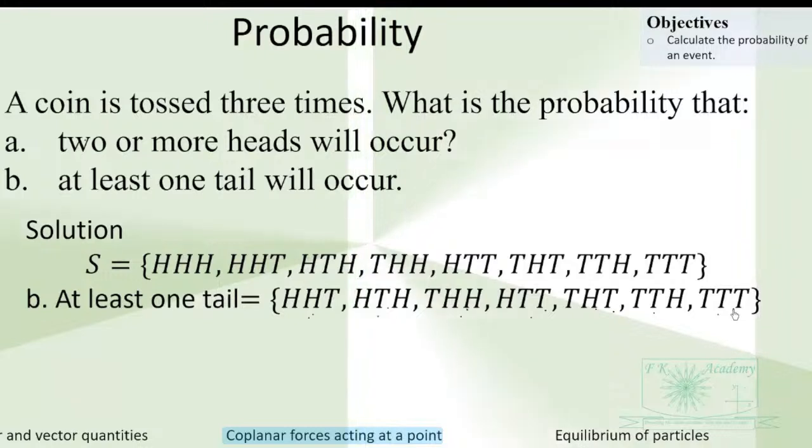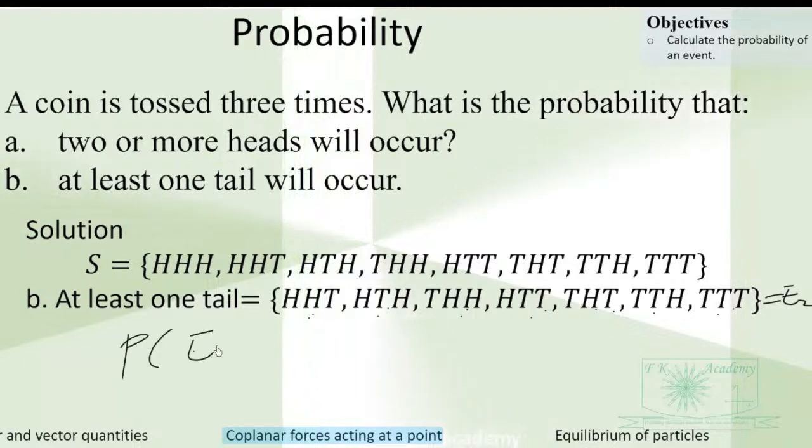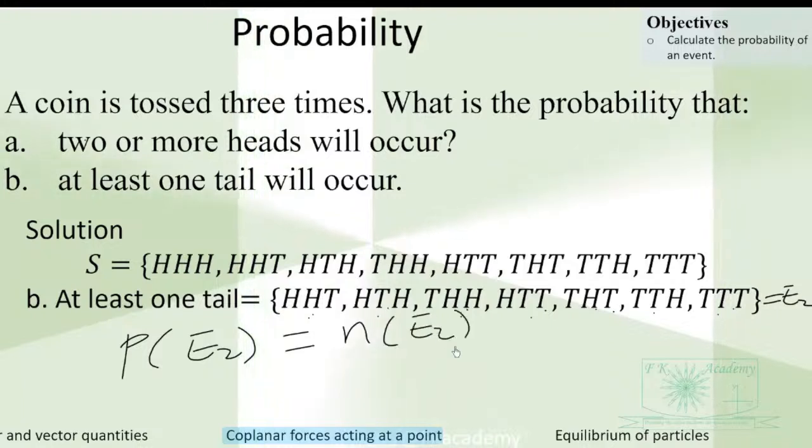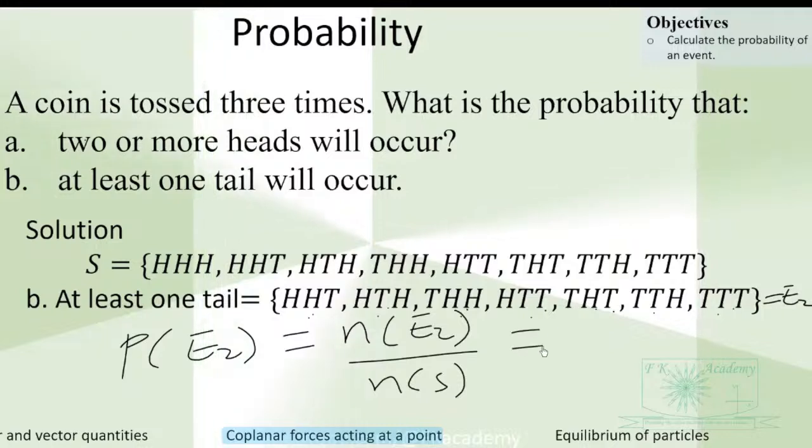So this is event 2. The probability of E2 will be equal to the number of E2 over the number of elements in the sample space, which is 7 over 8.